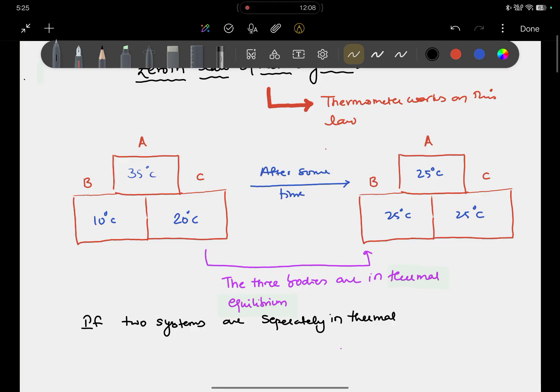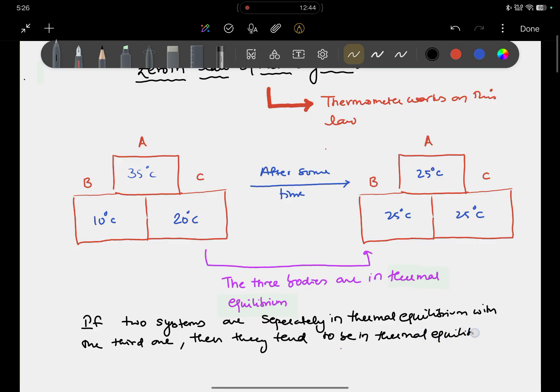If two systems are in thermal equilibrium with the third one, then they tend to be in thermal equilibrium with themselves.